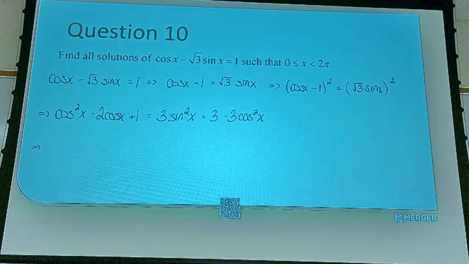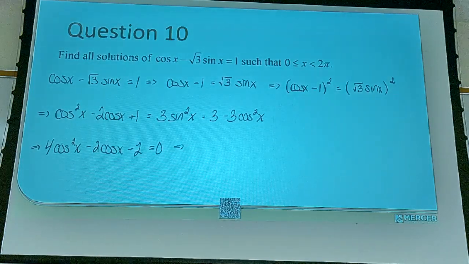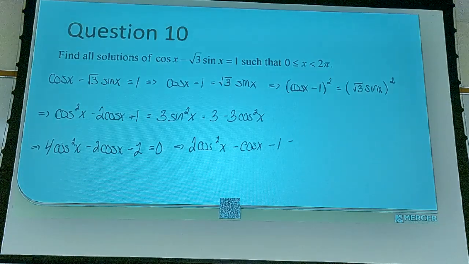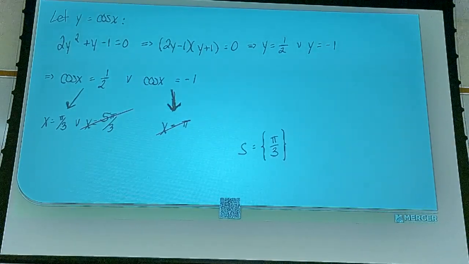What are we going to get? 4 cosine squared minus 2 cosine minus 2 equals 0, and divide or multiply everything by a half. Which looks very similar to the one that we did last time. In fact, the only thing that's going to change from last time, your signs are going to change.